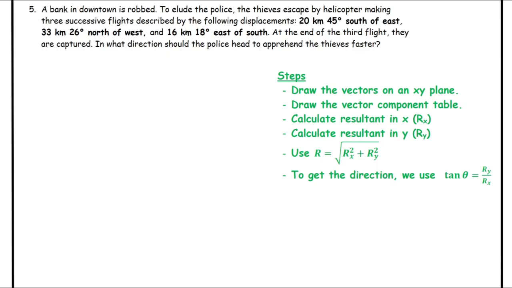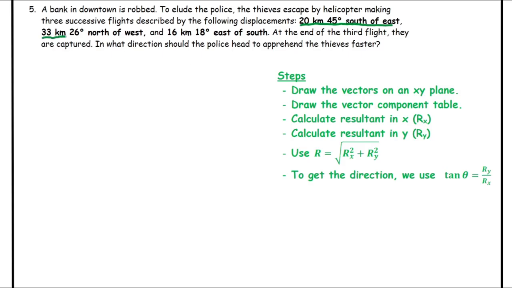We have a question here which reads, a bank in downtown is robbed. To elude the police, the thieves escape by helicopter, making 3 successive flights described by the following displacements. The first displacement is 20 kilometers 45 degrees south of east.